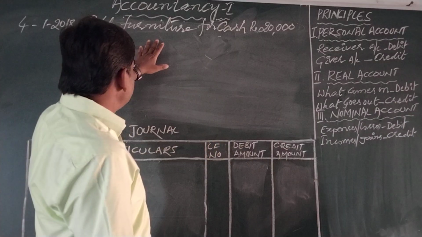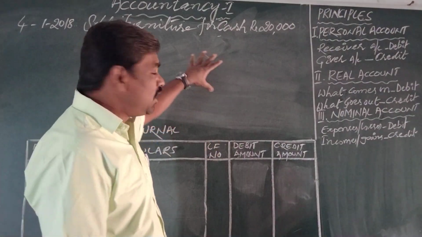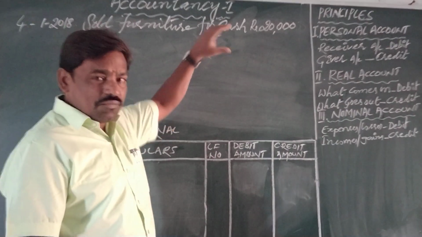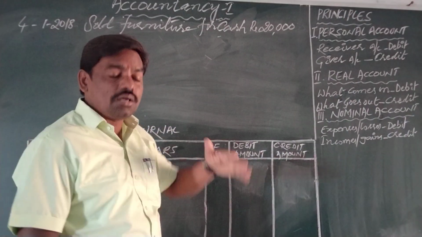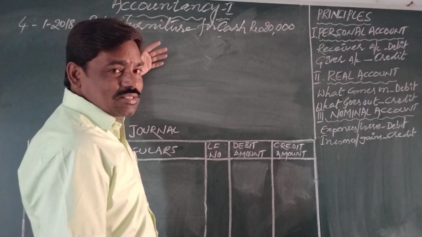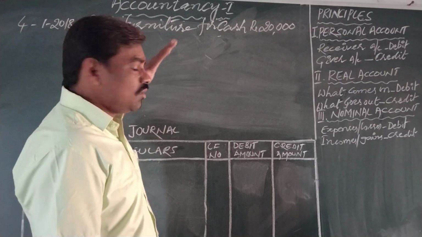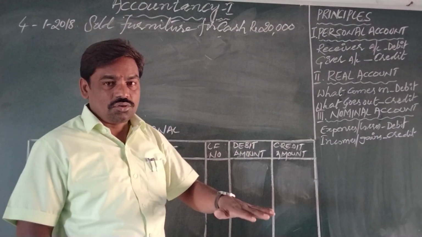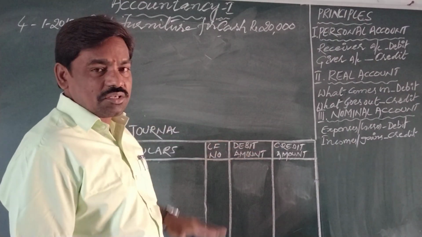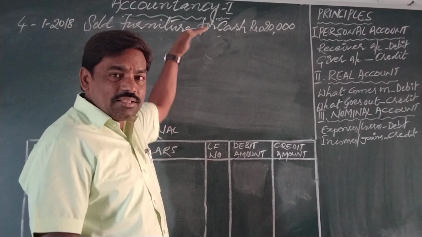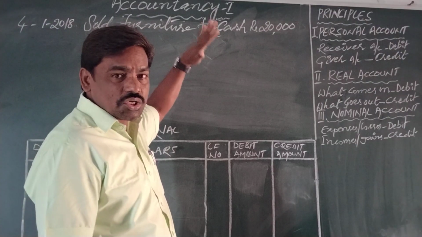If you observe in this transaction, there is no name given. So simply omit it. If there is a name, then make it underline and think that it is the name of a person, which comes under personal account. But here name is not given. Simply omit it.